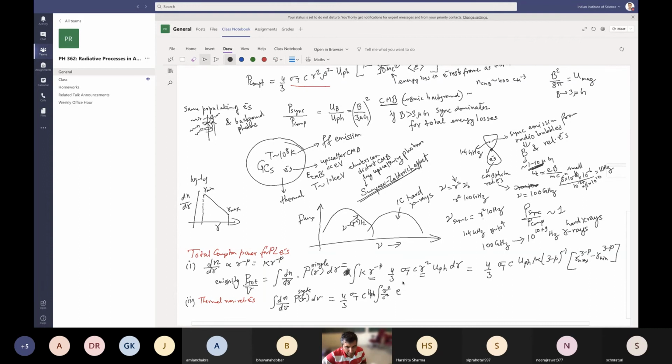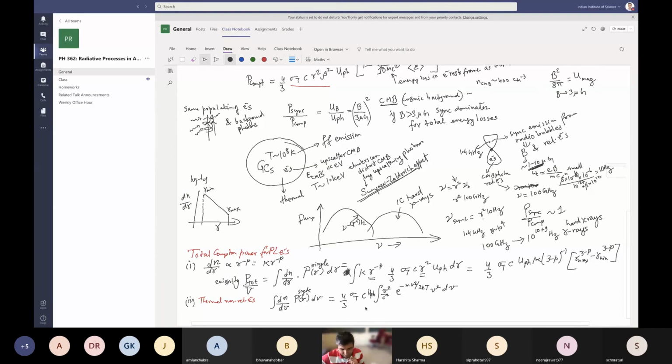So this is P single. Now we have to write dn dv dv, which is e to the minus m v squared by twice kT, and there is this v squared dv. Right, and there is a normalization.